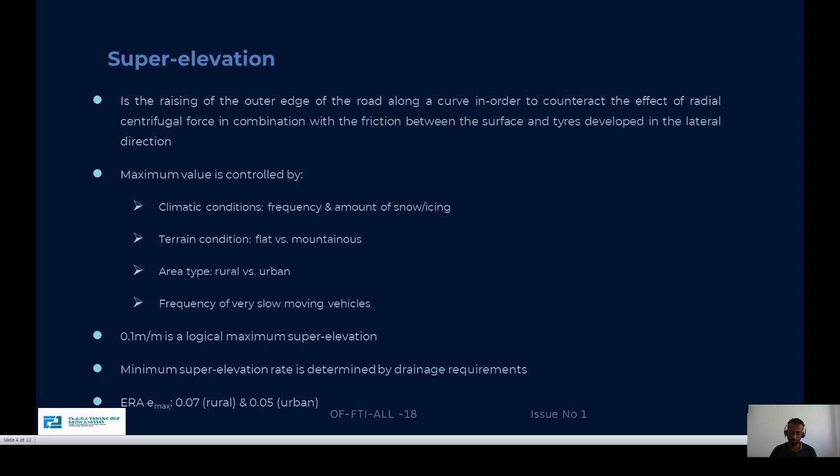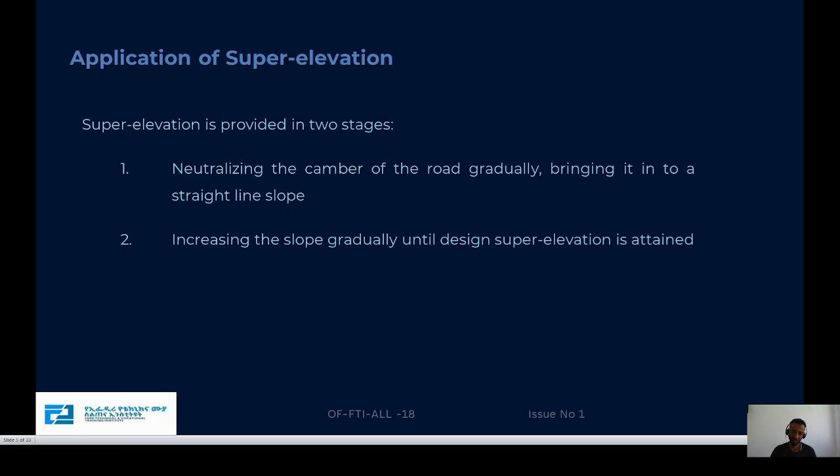Mostly 0.1 meter per meter is provided. In ERA manuals the maximum super elevation is 7%. In urban areas the super elevation is decreased to 5%.